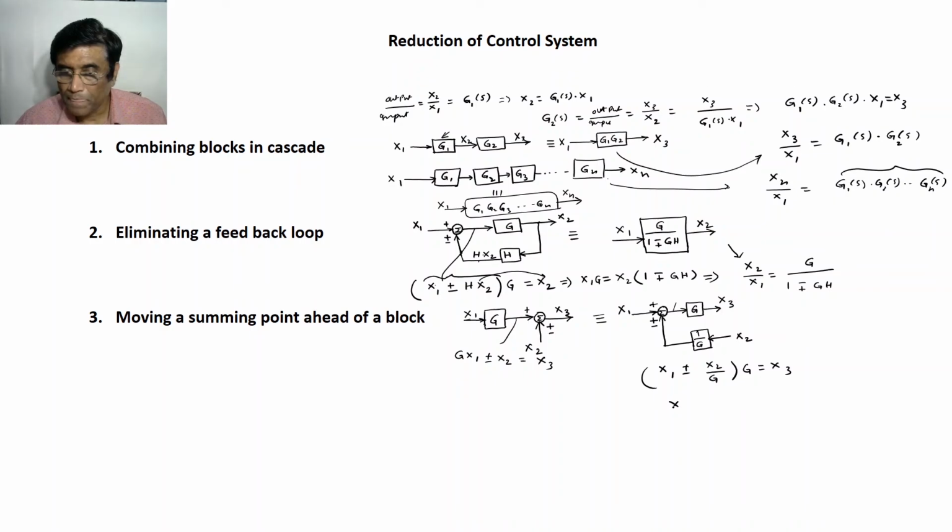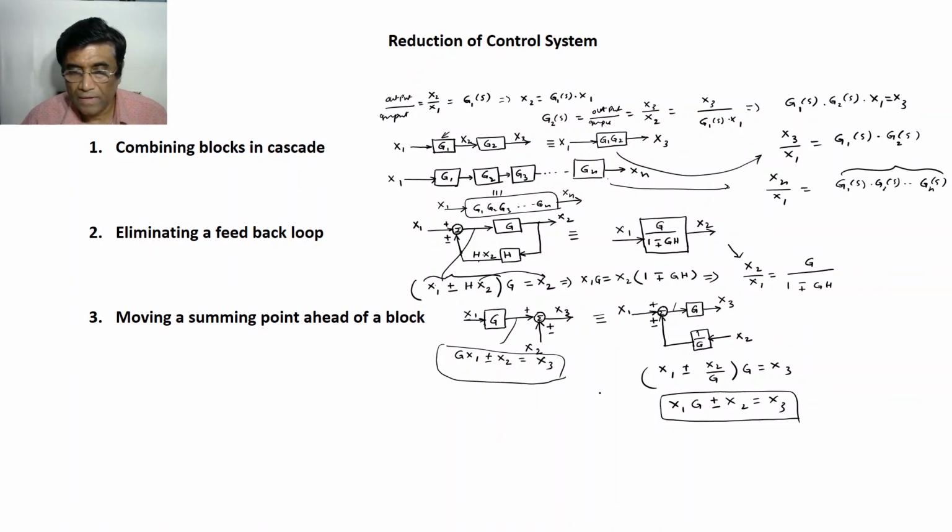So x1 g plus minus x2 equal to x3. So this and this, they are the same, isn't it?